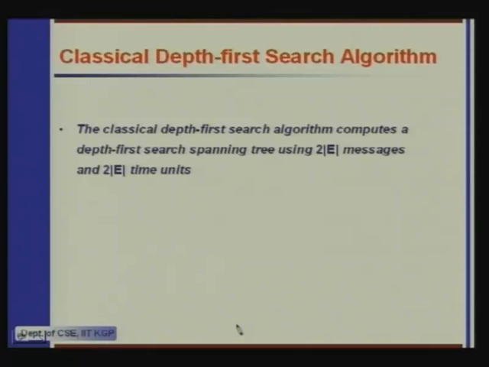So, this traversal algorithm we will improve it. As of now it does not seem to be attractive, right, as compared to the echo algorithm. So, we will improve it by showing that some simple tricks can reduce the number of messages and the number of time units that are taken in this algorithm.